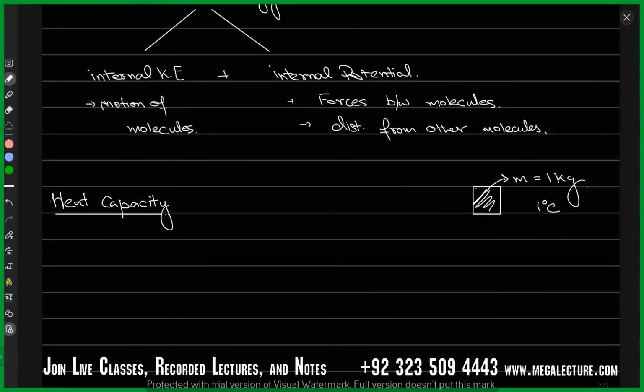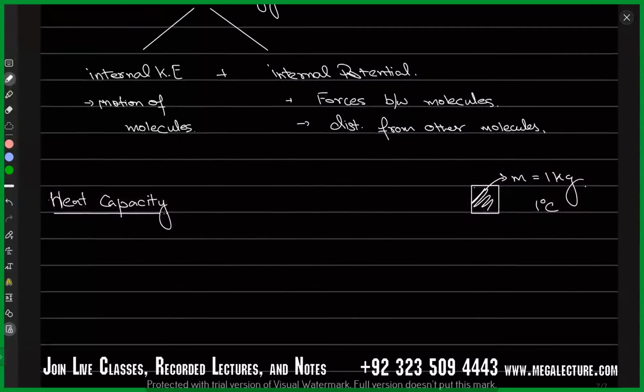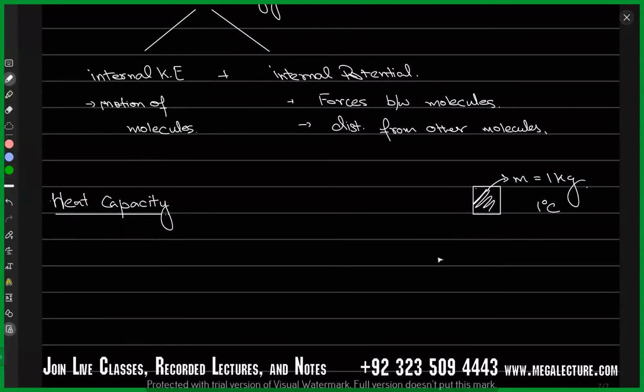There are two different types of heat capacities that we can define. One is just called heat capacity, and the other one is specific heat capacity. And we'll see the difference is very small, but there is a little difference, right? So let's talk about heat capacity with an example of water inside containers, right? So for example, here you have two different containers and they're at the same temperature, right?